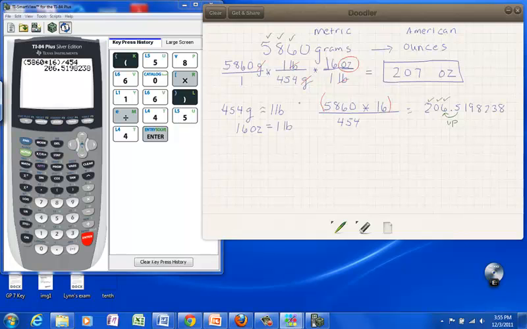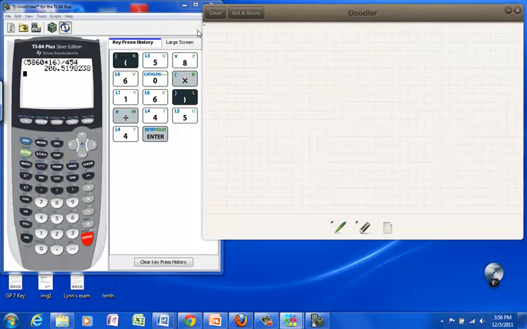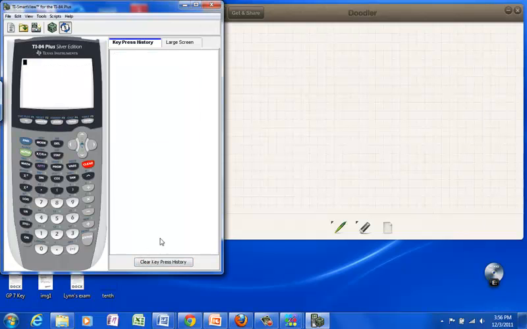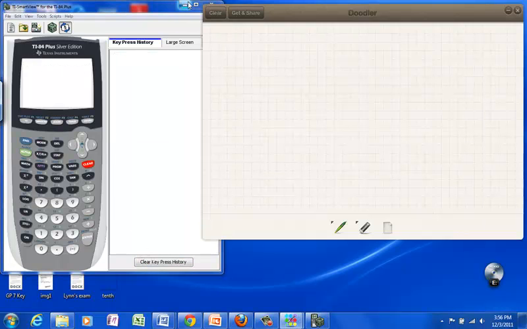All right, we're going to go on to the next one, which is just a little more difficult. In the next problem, they want us to convert 14.625 cubic feet, another way to write that is feet cubed, and they want us to convert that to centimeters cubed.